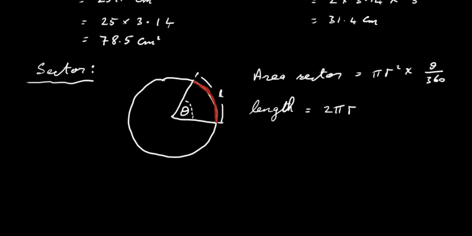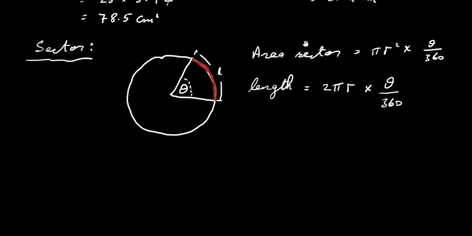The entire length of the circle is given by this. But again, we just want to multiply it by the fraction of the circle we're talking about. And the fraction of the circle is theta over 360 degrees again. So if our angle here was 30 degrees, we take 2 pi r multiplied by 30 over 360. Okay, and that's it.